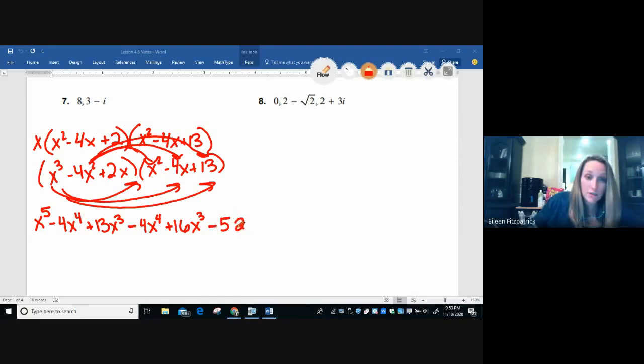Yeah, 52x squared. I shouldn't be doing this math at 10 o'clock at night. My brain is fried, so I apologize if I'm making silly mistakes, because I know I am.